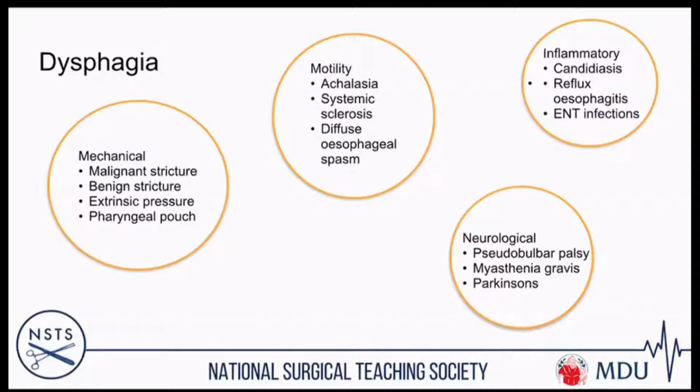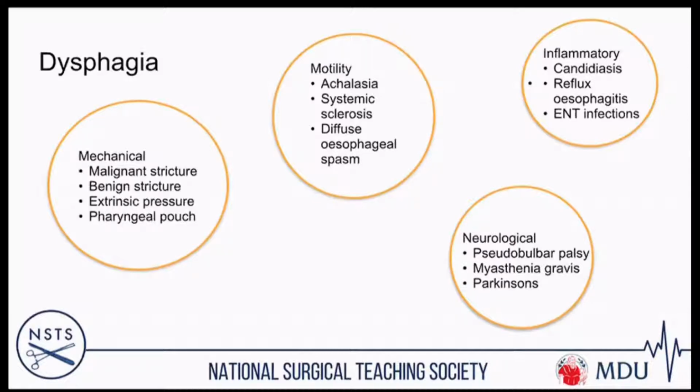Motility-wise, achalasia, failure of the lower esophageal sphincter to relax for whatever reason, whether it's a myenteric plexus problem, or you've got scarring or sclerosis secondary to reflux and the damage that the acid can do, or a condition called diffuse esophageal spasm, which we'll not touch too much on, but again, just worth noting to rattle off.